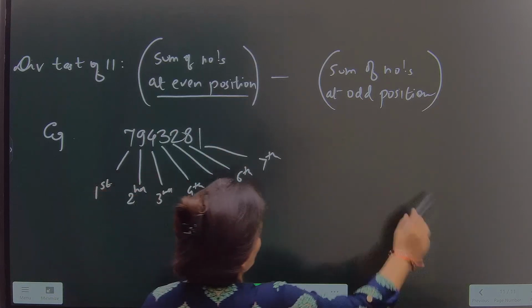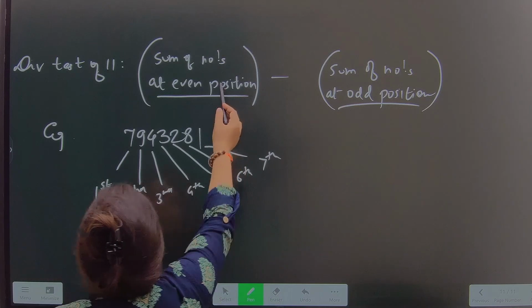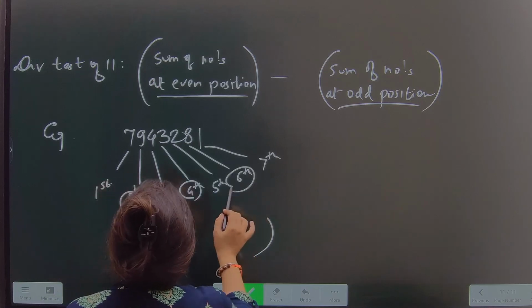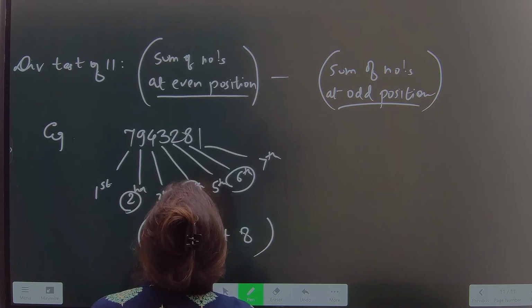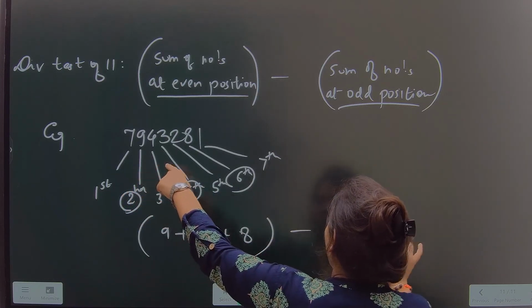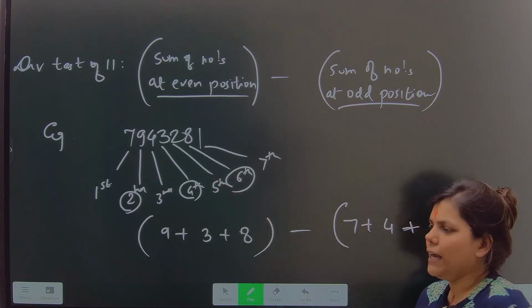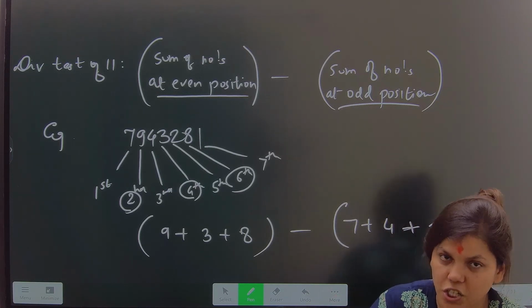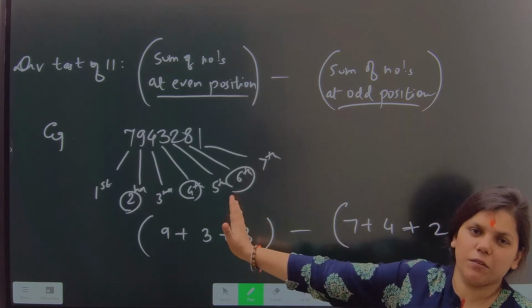I am talking about odd and even positions of the number. So even position पे कितने numbers हैं? Even position पे मतलब 2, 4 और 6 पे तो 9, 3 और 8. Fine. And odd position पे 7, 4, 2 and 1. I am not writing the even or the odd numbers. I am writing their position. कि ये पहली position पे है, दूसरी पे है, तीसरी पे है, चौथी पे या पांचवी पे, and so on.